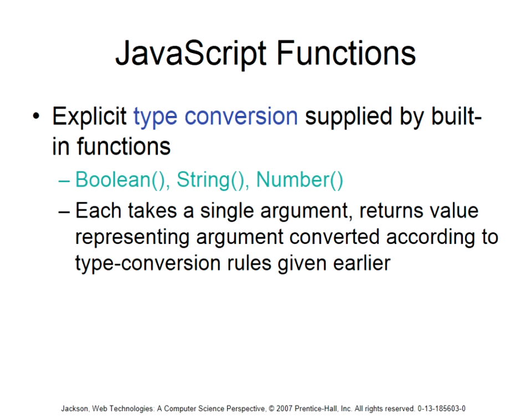So we can find some predefined functions like Boolean, String, Number, and each one takes a single argument and returns a value representing the argument converted according to type conversion rules given earlier.